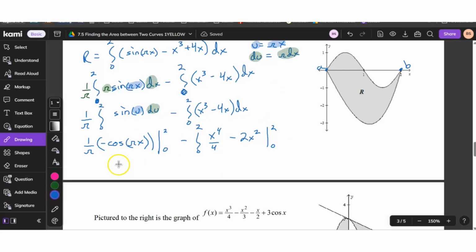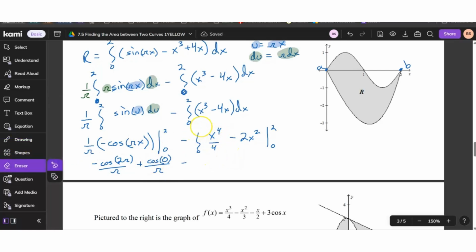Okay, running out of room. So then I need to go negative cosine of 2 pi over pi minus negative cosine, so plus cosine of 0 over pi. You plug it in. I'm just plugging in the 2 and 0. Then I'm going to plug in 2 and 0 on this one. Oh, I accidentally drew the integral again.